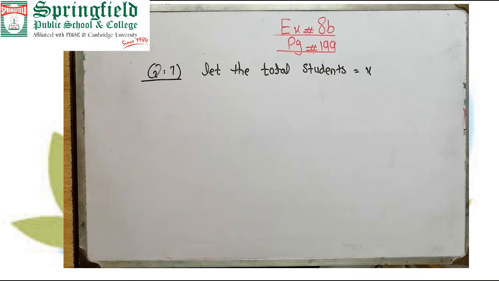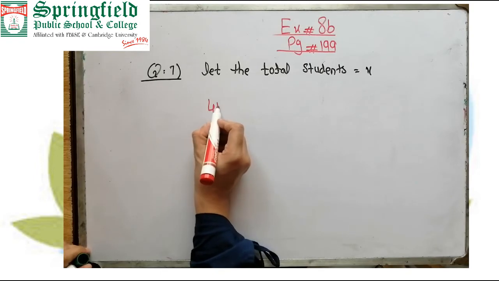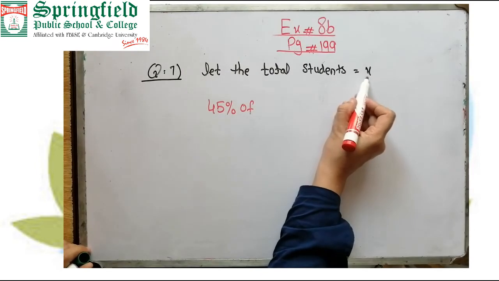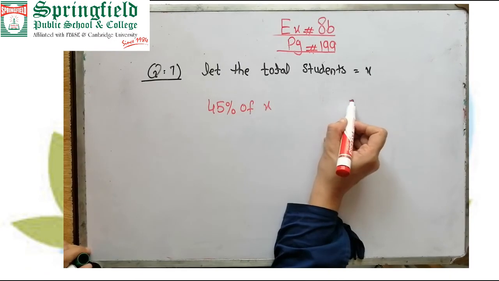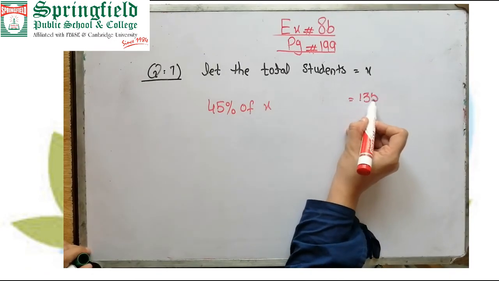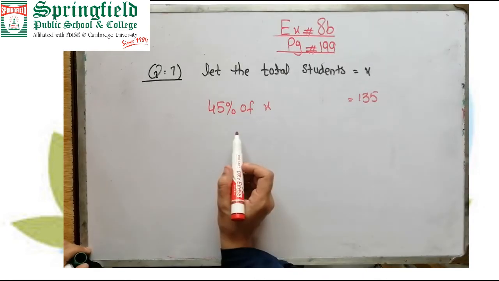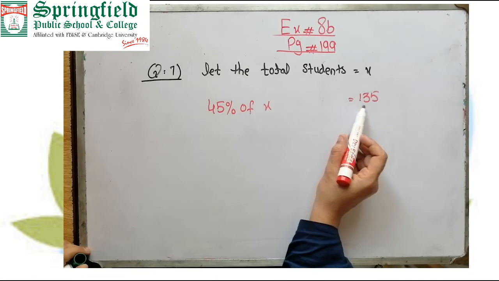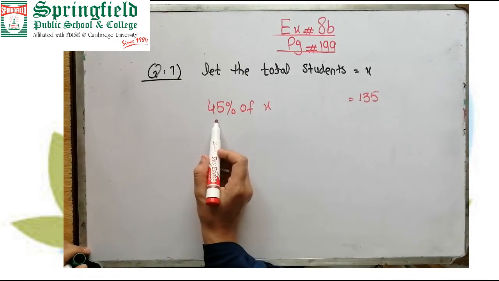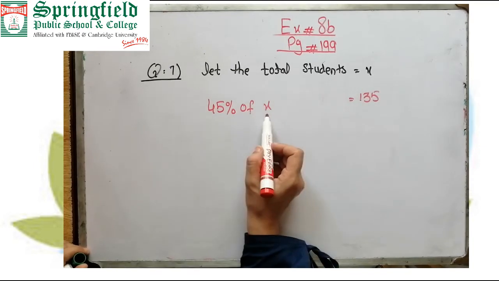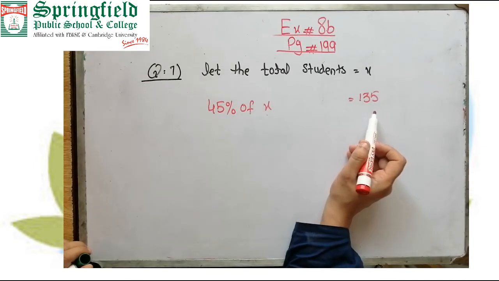If 135 boys take part in the competition, it means 45% of total students are boys, equal to 135. So 45% of x, meaning the total number of students, is equal to 135.